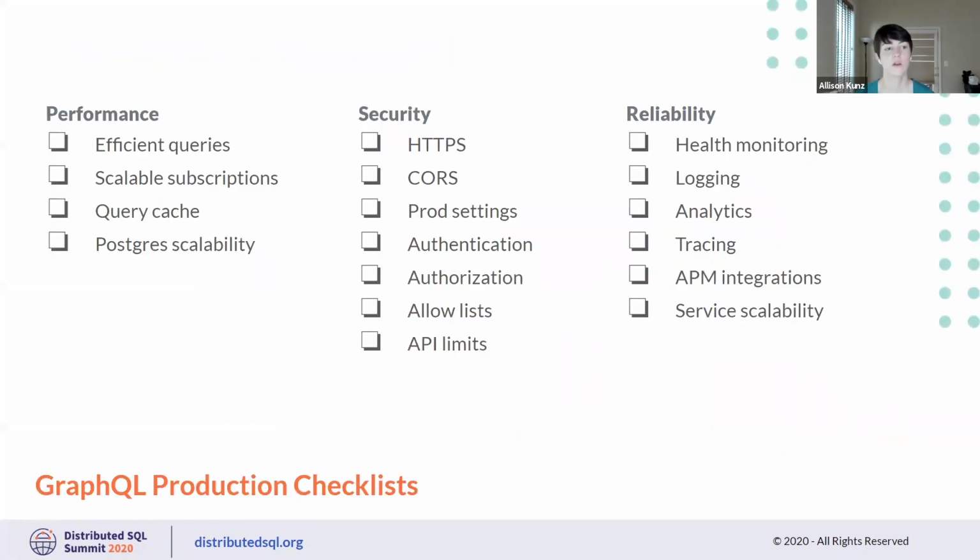So let's take a look at these checklists. GraphQL in production, or any API in production, does have a lot of tasks that need to be taken care of before you ship. So we're going to take a look at performance, security, and reliability.